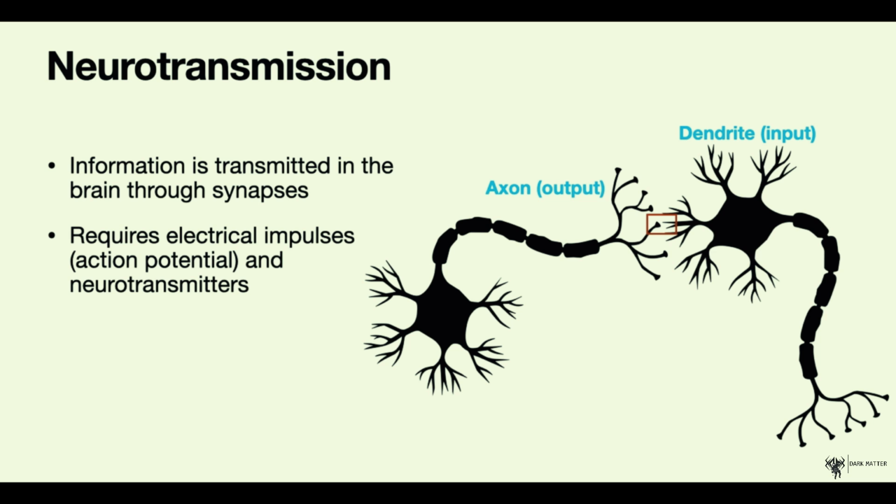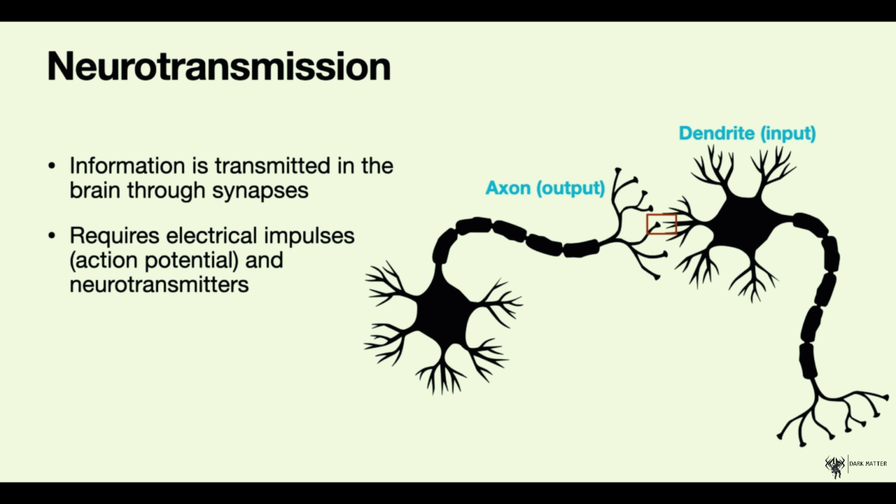If we look at this diagram on the right, we can see that the axon is contacting the dendrite of the next neuron. We said the axon is the output and the dendrite is the input. That's because the axon of what we call a presynaptic neuron is going to contact the dendrite of the postsynaptic neuron at the synapse.